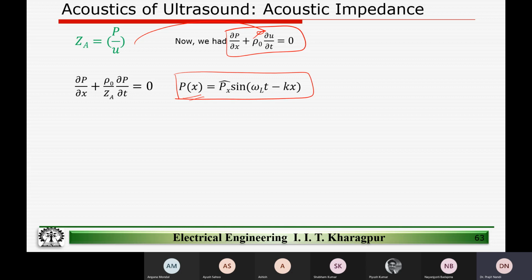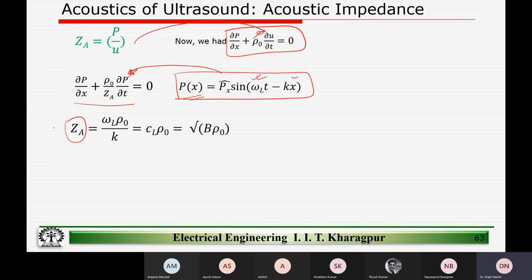So we had P(x) as a function of omega, L and X. So if I put P(x) here, then I will land up with an expression for ZA, the acoustic impedance, which is a function of the fluid property, square root of B times rho naught, or it can also be written as CL times rho naught. CL is the speed of the wave in the fluid.